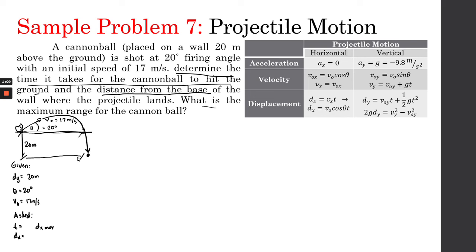But first, let's solve for how long it will take for the cannonball to reach the ground. You have to consider that the cannonball will have to land on the ground, not in the air. So it is below the cannonball. What that means is there's a height difference between the landing and the point of launch of the cannonball.